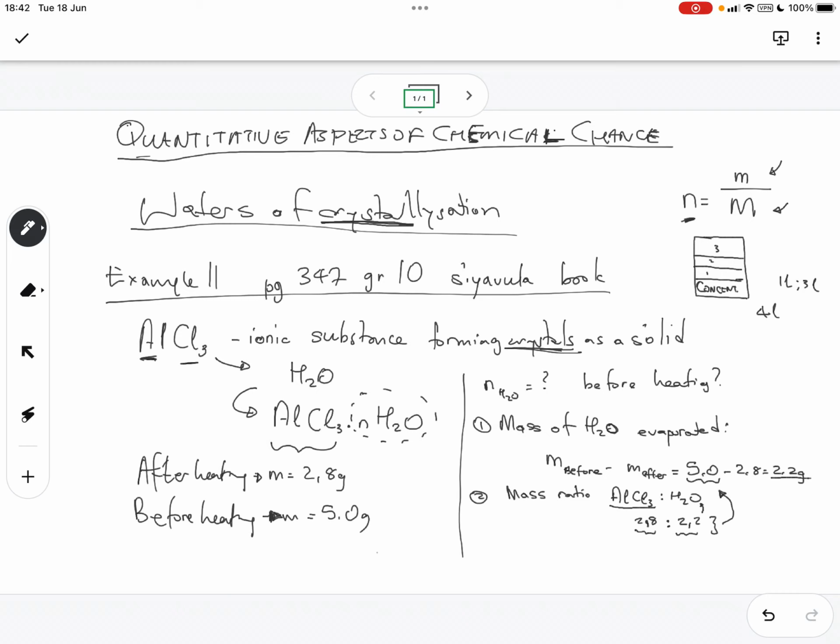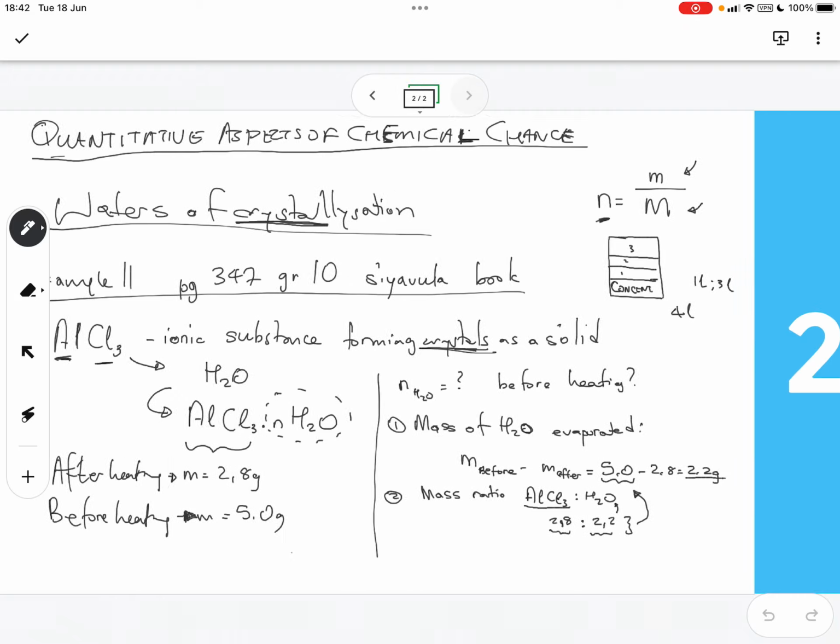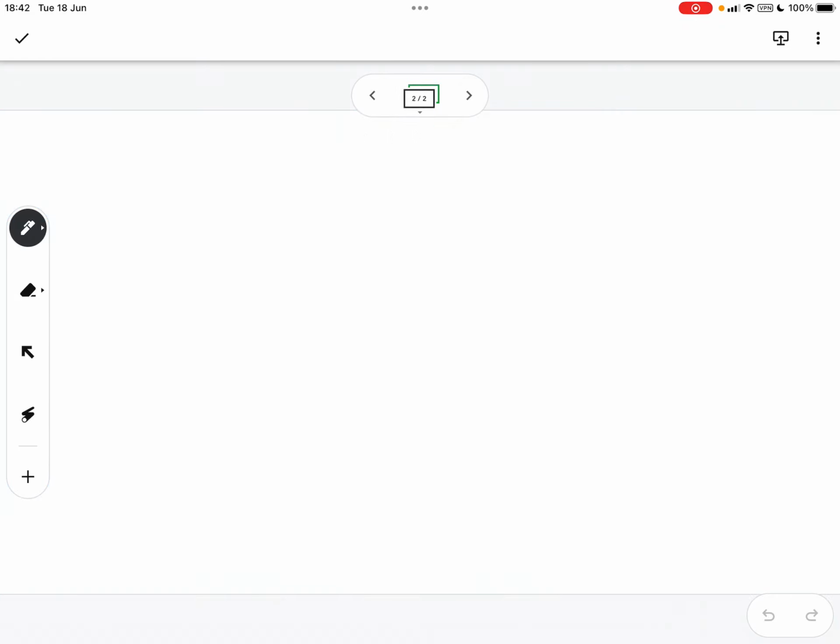So the ratio of the aluminium trichloride to the water becomes 2.8 to 2.2. Now we can do the next thing, which is find the mole ratio. We found the mass ratio, now we can do the mole ratio. The mole ratio is going to be mass over molar mass for the salt.